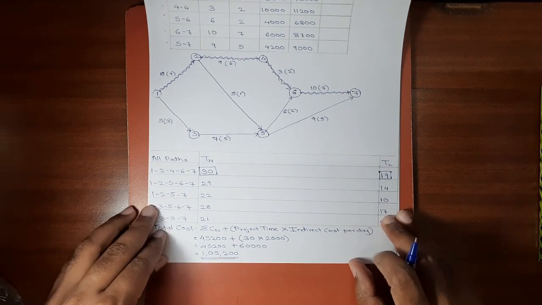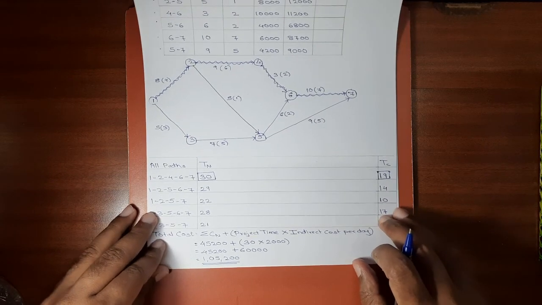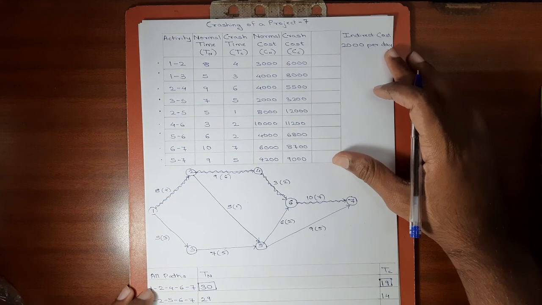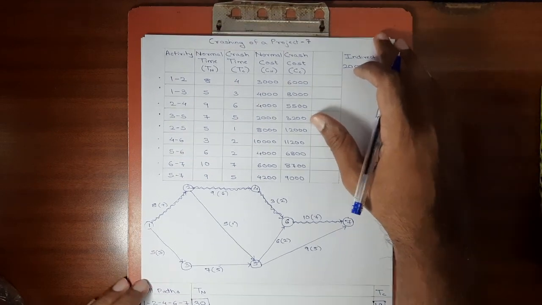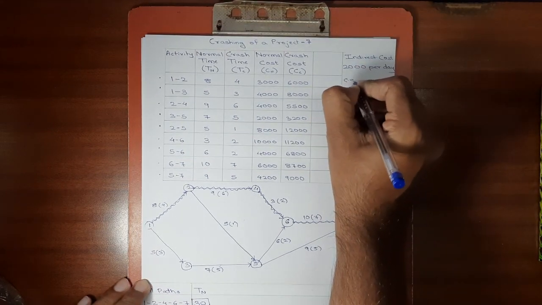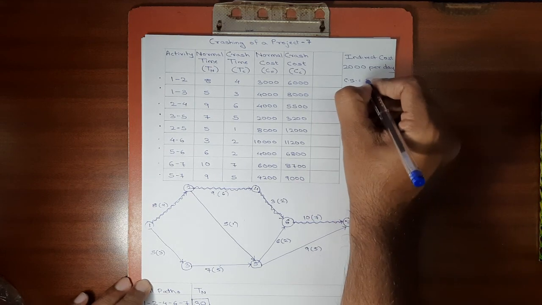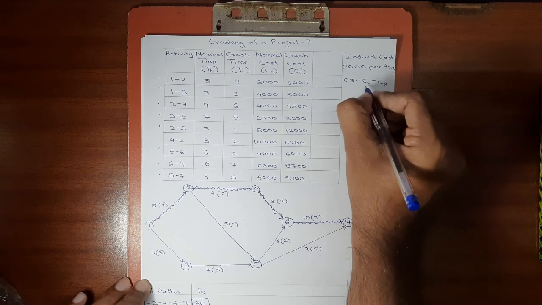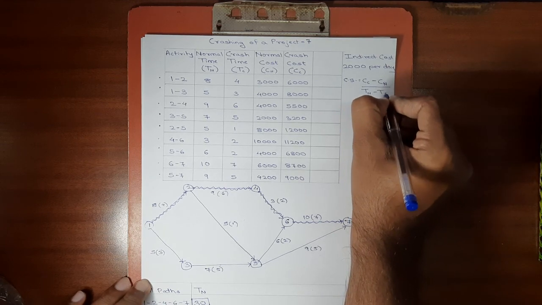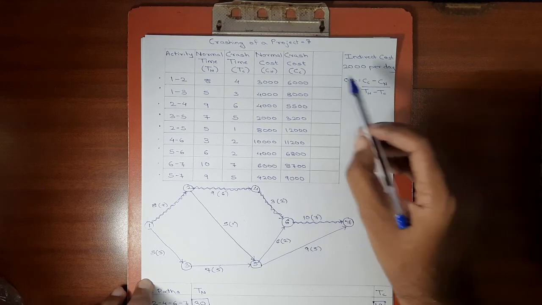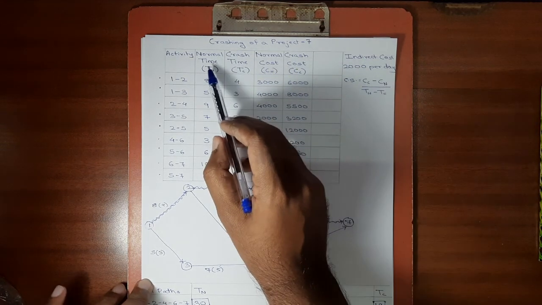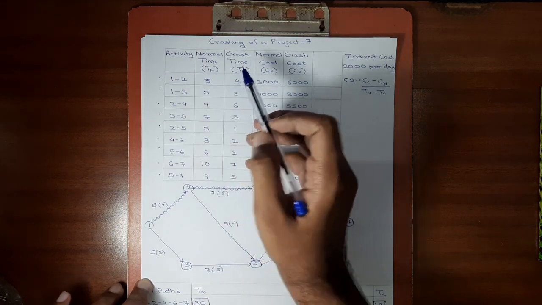Okay. Now the next step is we need to calculate the cost slope of each and every activity. The cost slope can be calculated by using the formula: cost slope is equal to crash cost minus normal cost divided by normal duration minus crash duration.